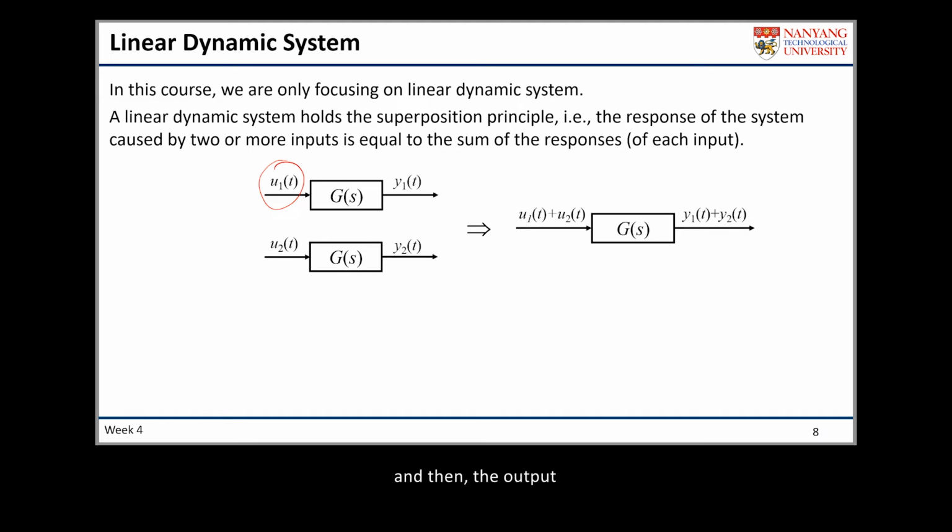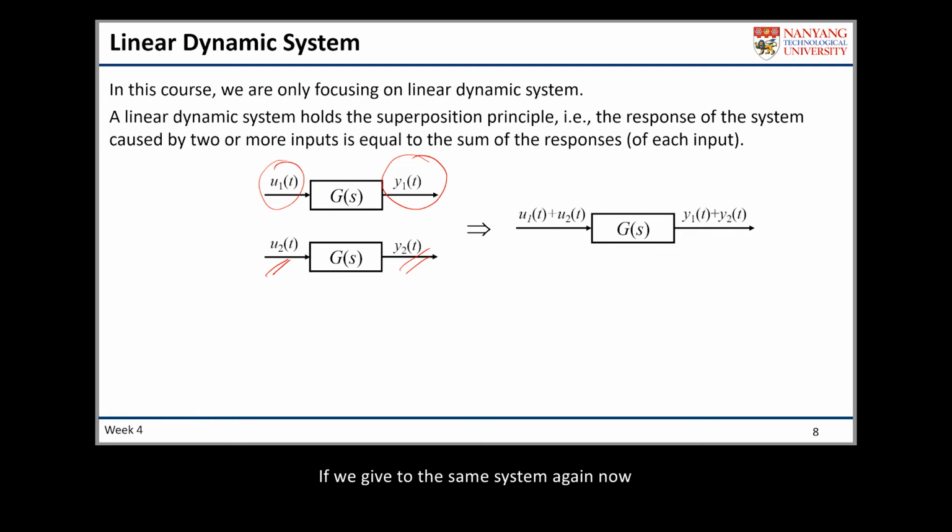And then the output of this system will be Y1. Now let's take a second case with the same system with the same transfer function G(s). We give an input U2 and apparently the output is Y2.